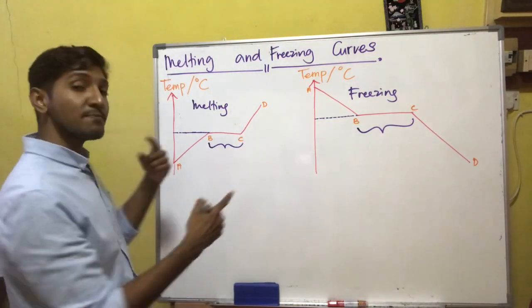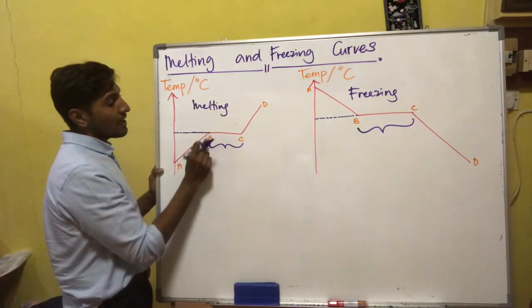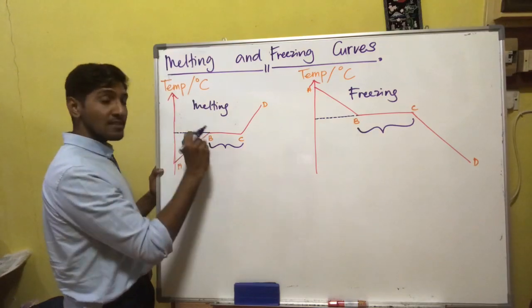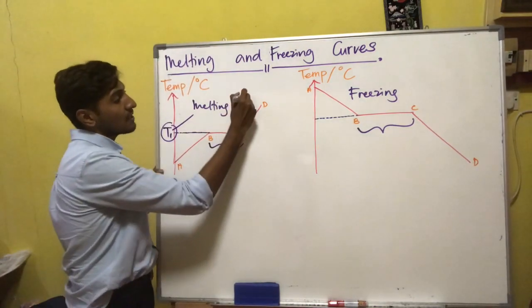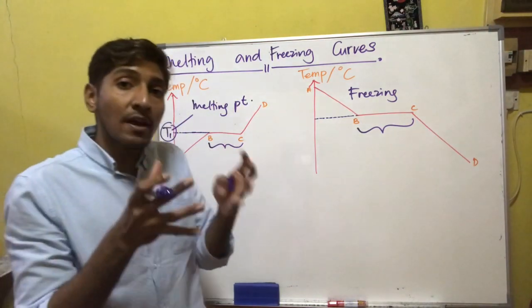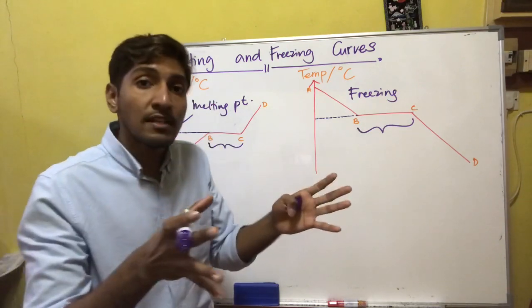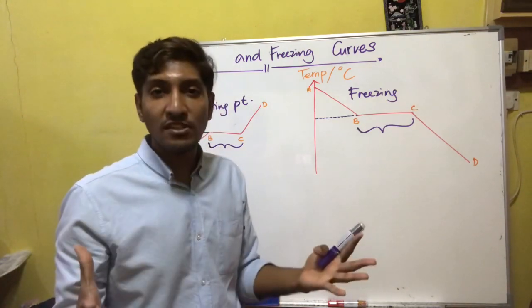Okay, I will explain later why, but for now, just for the knowledge, when the temperature is constant, that exact temperature is actually your melting point. That is the temperature where a solid turns into a liquid. So as long as it doesn't reach that temperature, it will not change in state.